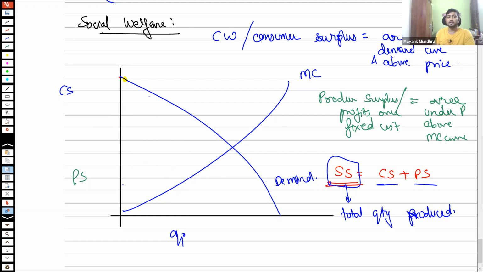Now, what happens when the quantity produced goes beyond this? Remember, consumer surplus is the area under the demand curve and above price. So suppose this is the price level. Let's look at the price curve and the demand curve.